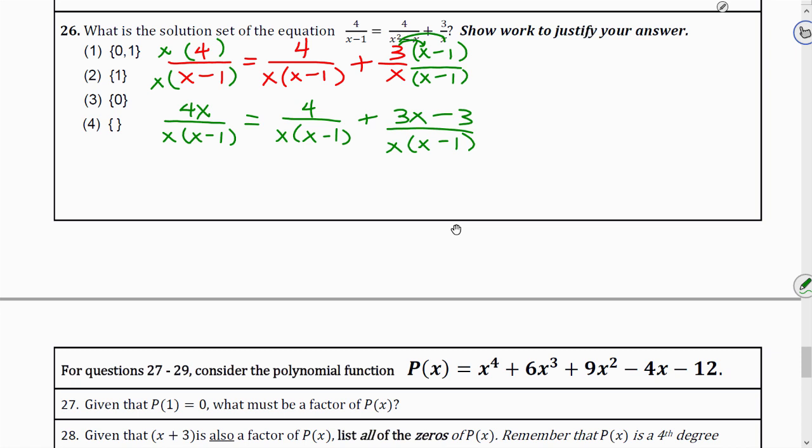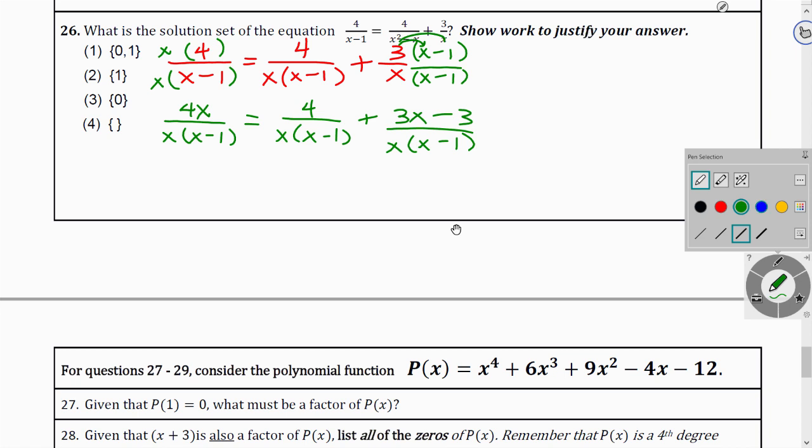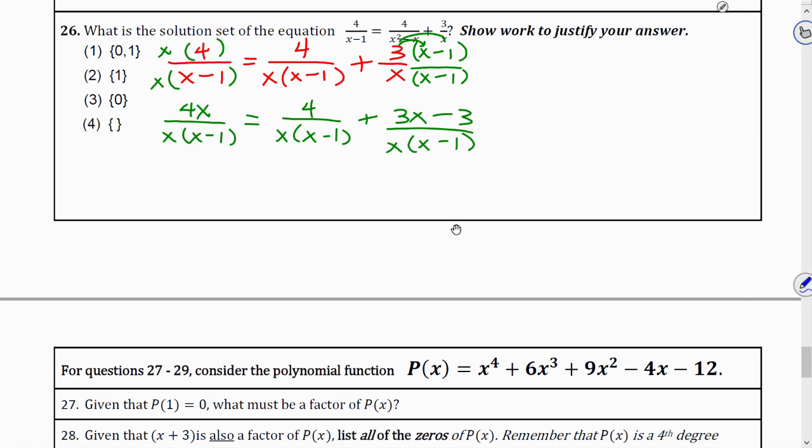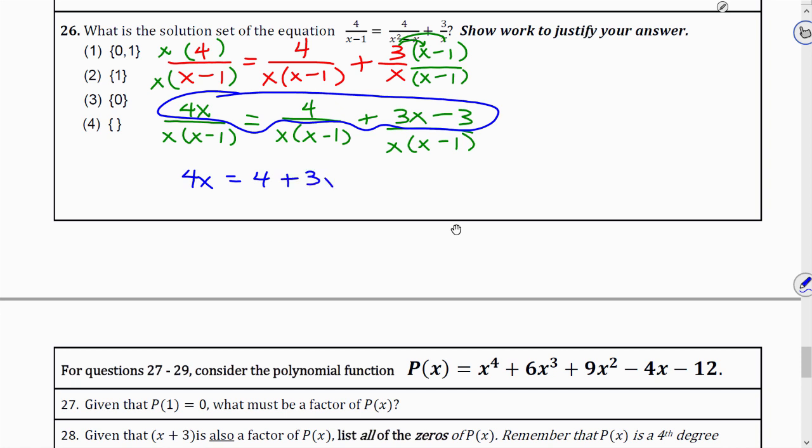Okay, now at this point, I think each teacher thinks about this a little bit differently. The way I think about it is I just pull off the numerators. I know the other teachers think about multiplying everything by that least common denominator. Either way you approach it, you still get to the step of 4x is equal to 4 plus 3x minus 3.